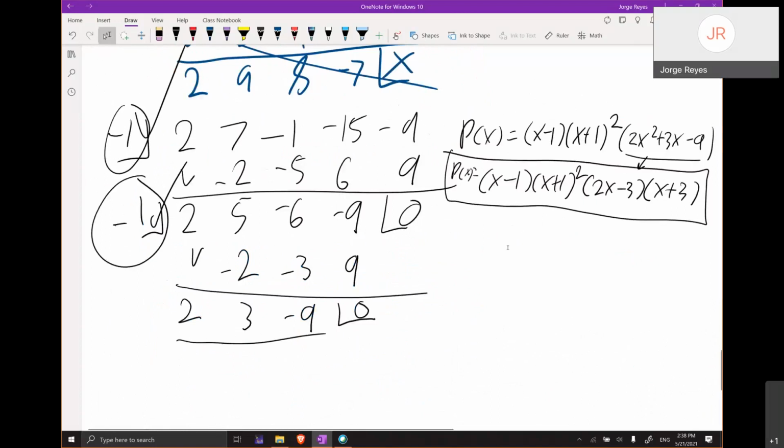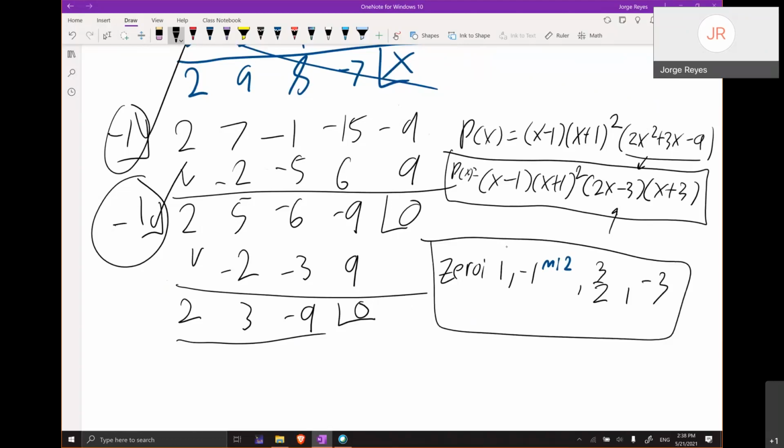If the question is what are the zeros, then you have to list the zeros: 1, negative 1 with multiplicity 2, 3 over 2, and negative 3. So if the question is what are the zeros, this bottom one is the answer, not the factored version. And as you see, it had all rational zeros.